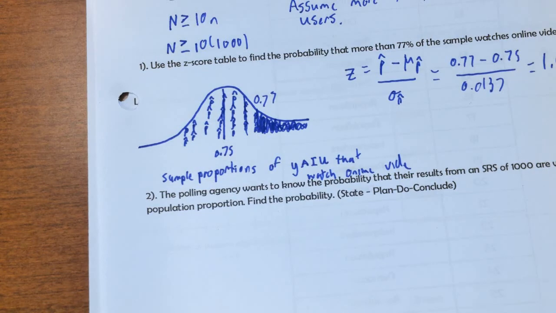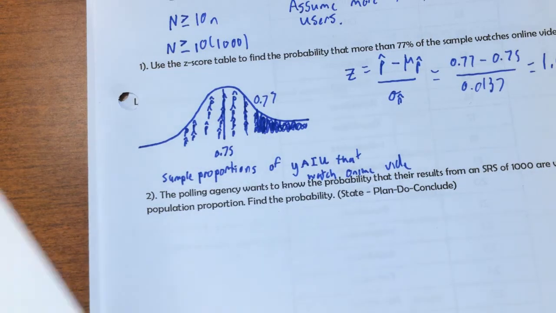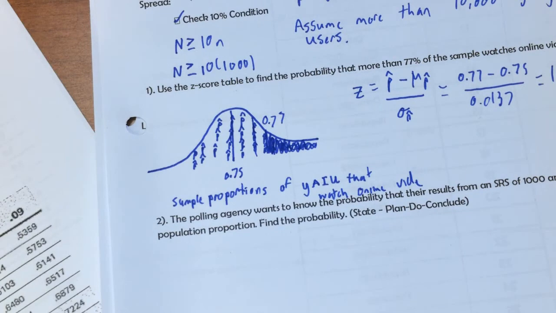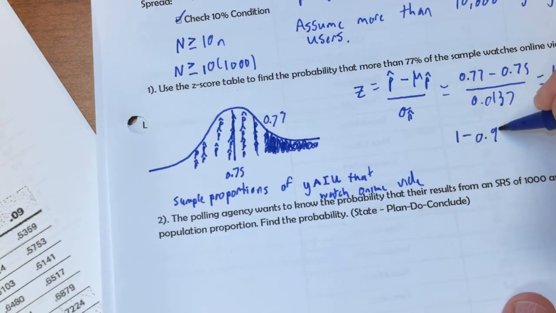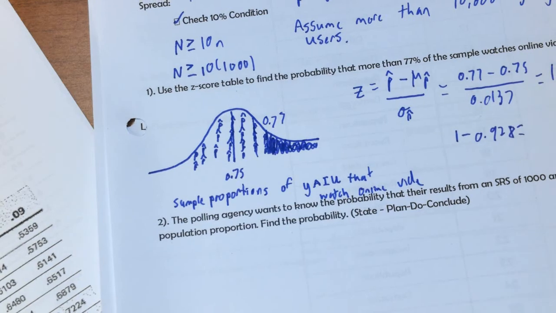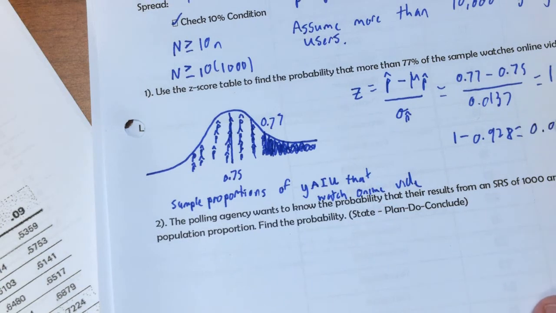So that would be 1 minus 0.928, which would be equal to 0.072.